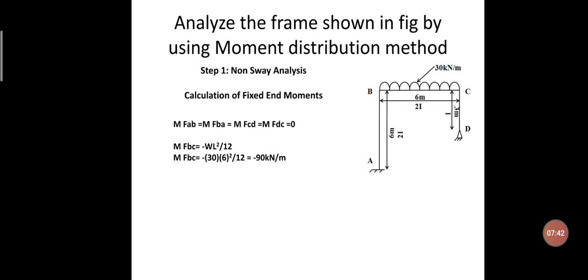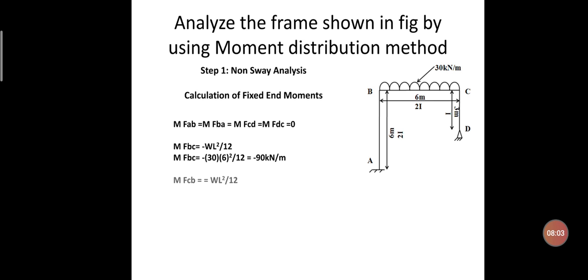W is 30 kilonewton per meter, taken in kilonewton per meter, and length is taken in meters. So minus 30 into 6 square divided by 12 comes to minus 90 kilonewton meter.